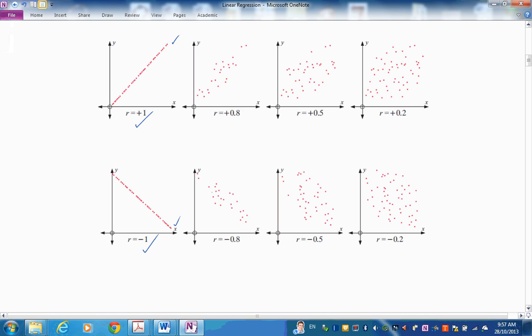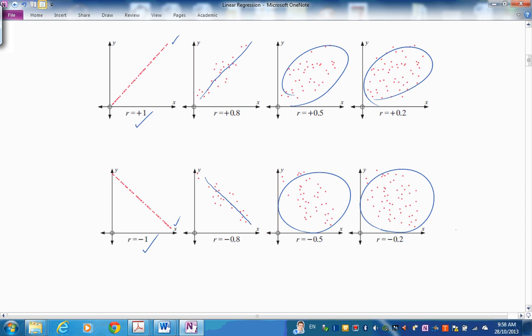And as you come down with the correlation, you can see how well the line fits is a bit different as we come down. And I'm going to ask you here in these circled ones, is there any point in fitting a linear model or a straight line?